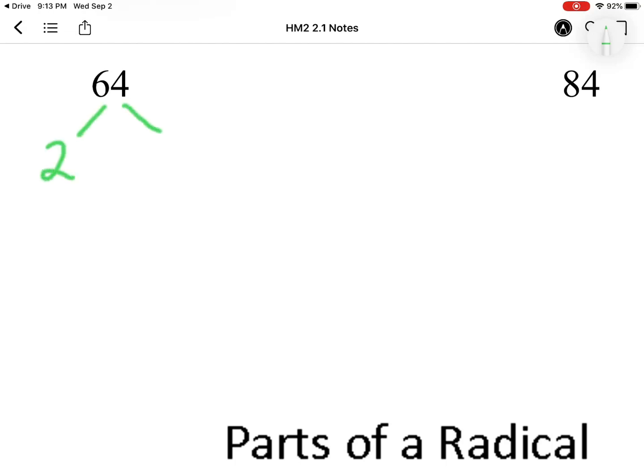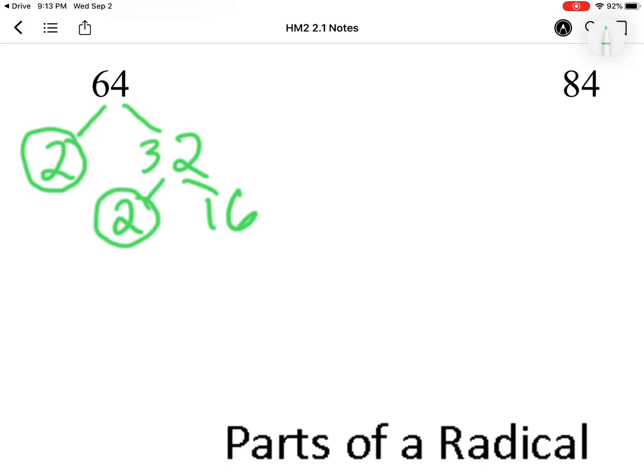So 2 times 32 gives us 64. Now 2 is prime, so we're going to circle it. 32 is not, so we're going to keep going with 32. What times what gives us 32? 2 and 16.